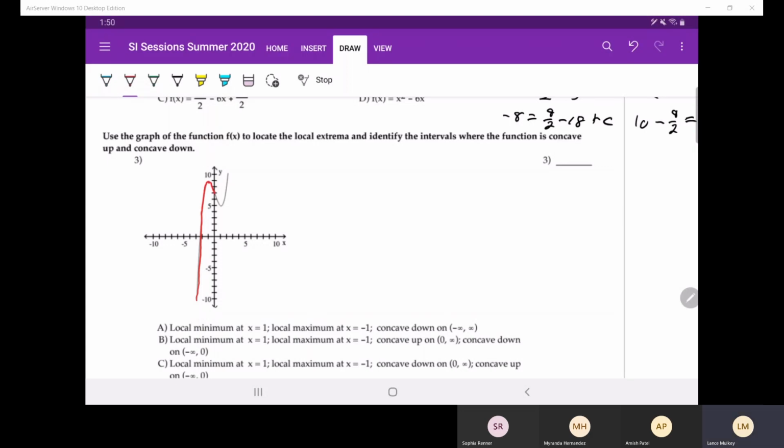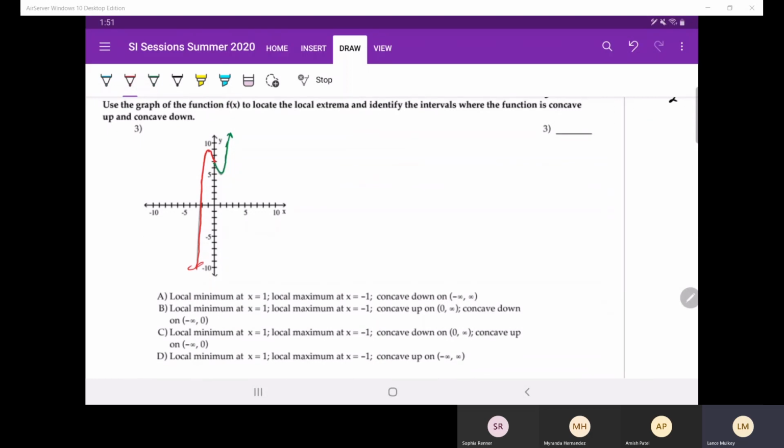Right here, it's decreasing, and all of a sudden it starts increasing again. So it has a local maximum at x equals -1 right here, because it goes from increasing to decreasing. And it has a local minimum right here because it goes from decreasing to increasing.